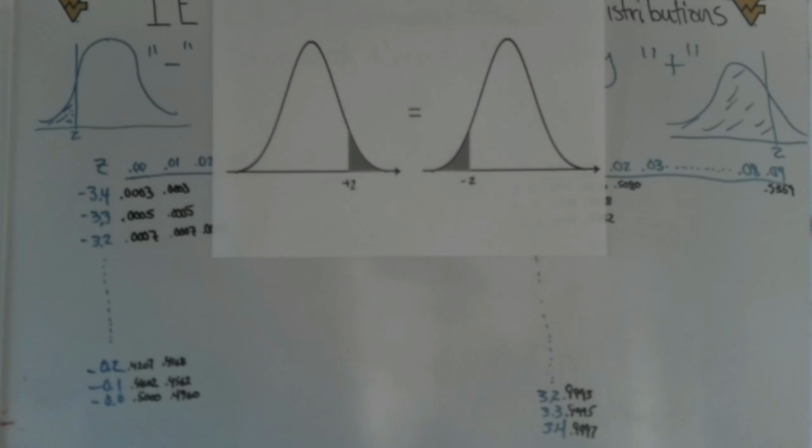When we look at the normal curve once it's been transformed, since 0 is the middle point, this point here would be equal to a plus 2. This point is a minus 2.